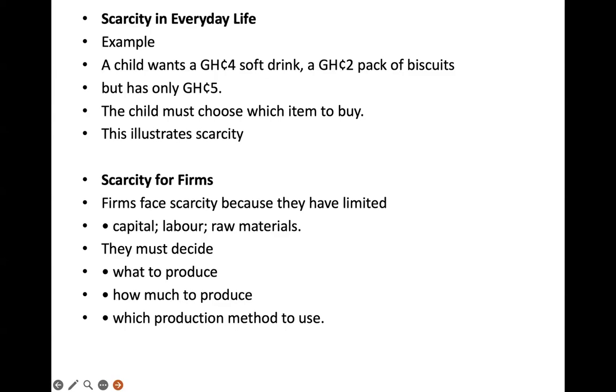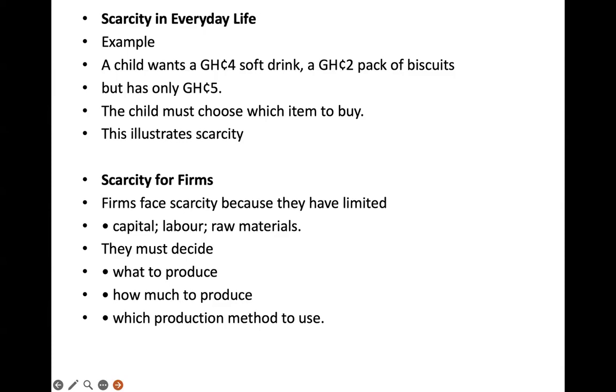So with this, the child must choose which item to buy. So this illustrates what? Scarcity. Because the child cannot buy both items, a choice must be made. So this simple example illustrates what? Scarcity. I hope it's clear.